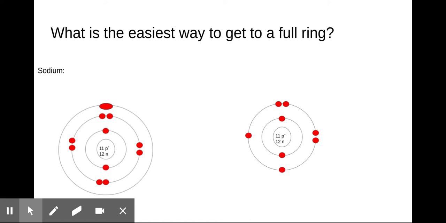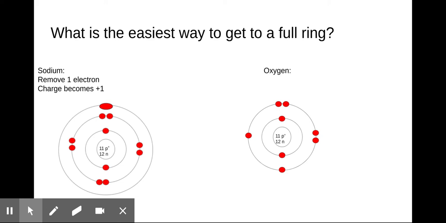So again, we can either add 7 or lose 1. The easier way would be to just remove the 1 electron. And if we remove something that's negative, then the charge becomes plus 1. So we remove 1 negative particle, and now our charge becomes plus 1.